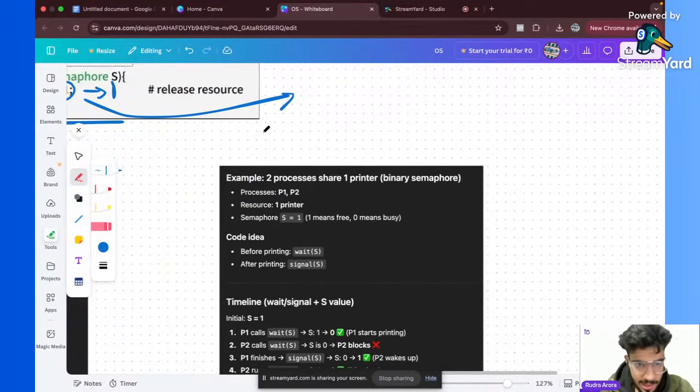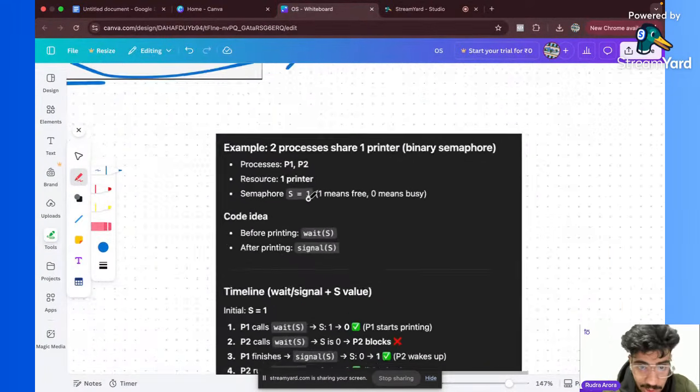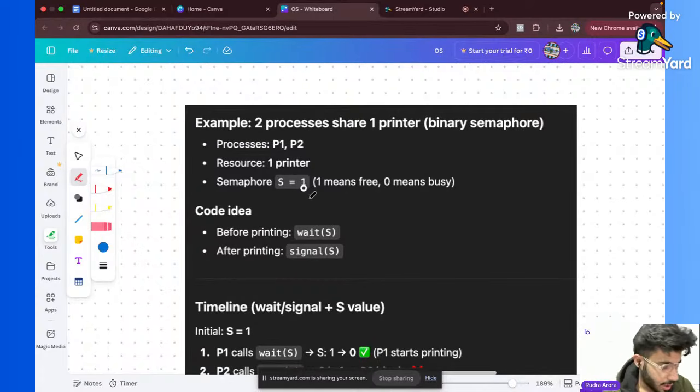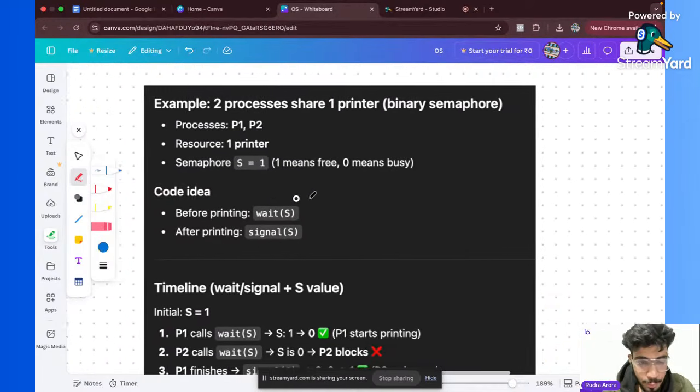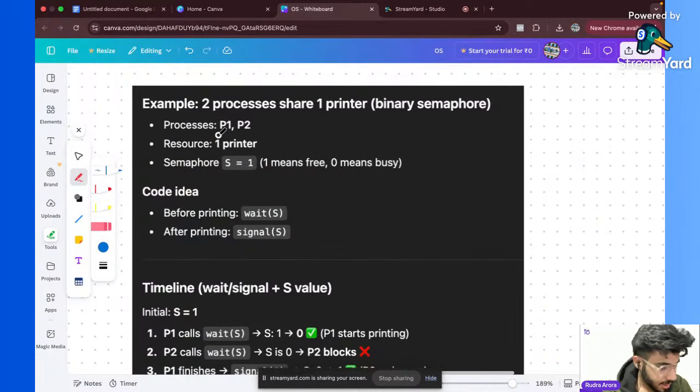We will see that there are two processes. Just look at this particular thing very carefully, then it will be all clear for you. So you have p1 and p2 as two processes. Okay, there is only one resource. One resource means in the critical section there is one resource, which is one printer.